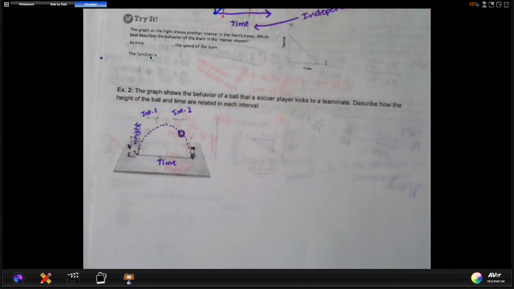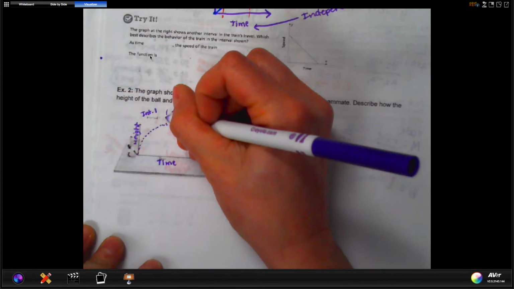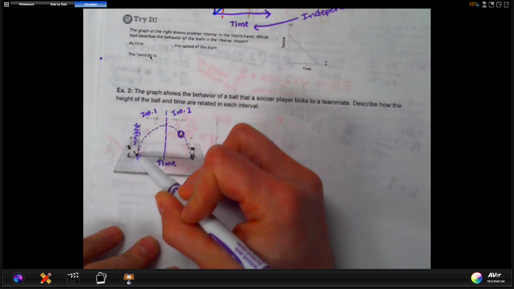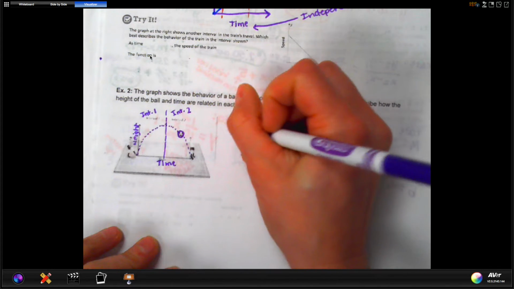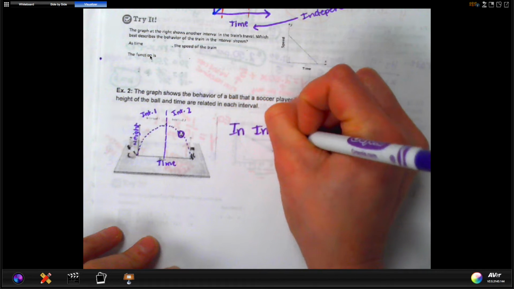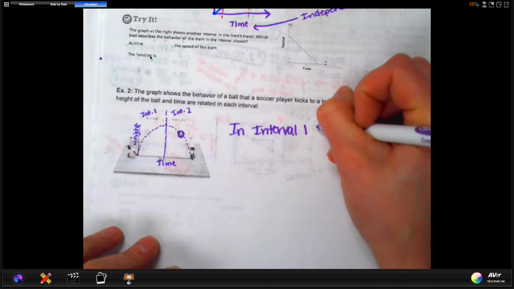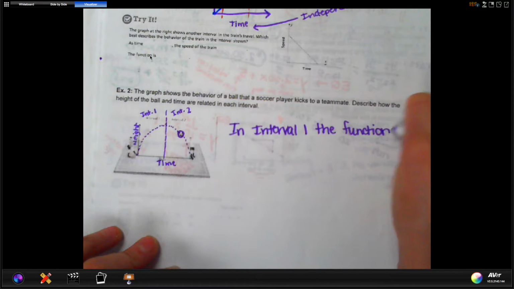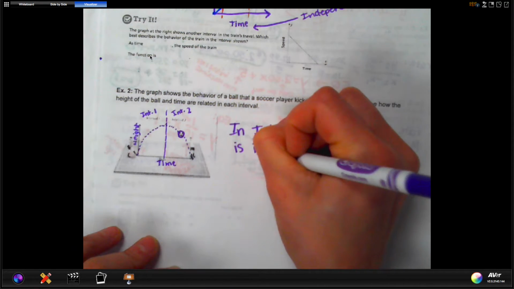So in interval 1, let's split this up. In interval 1, the function is increasing, we say, because he kicks it, right? So in interval 1, the function is increasing.